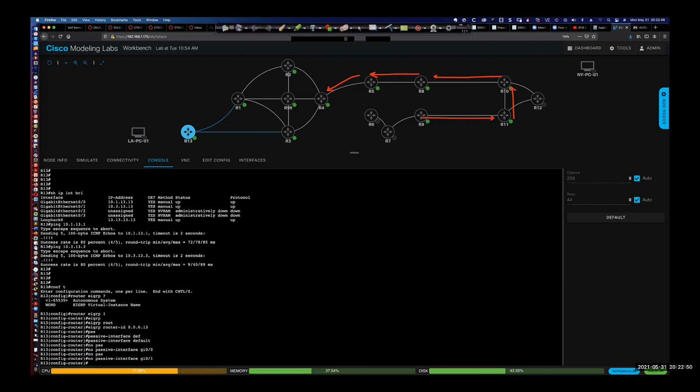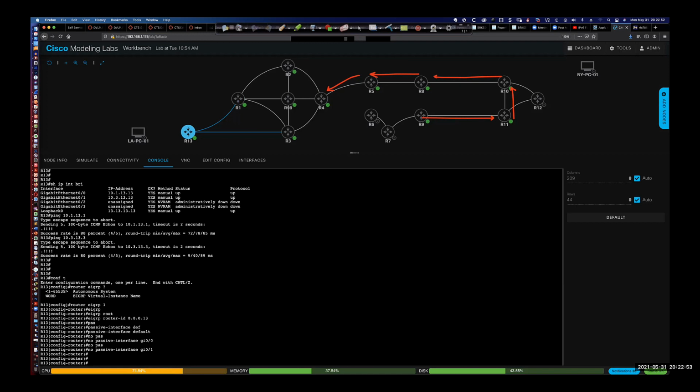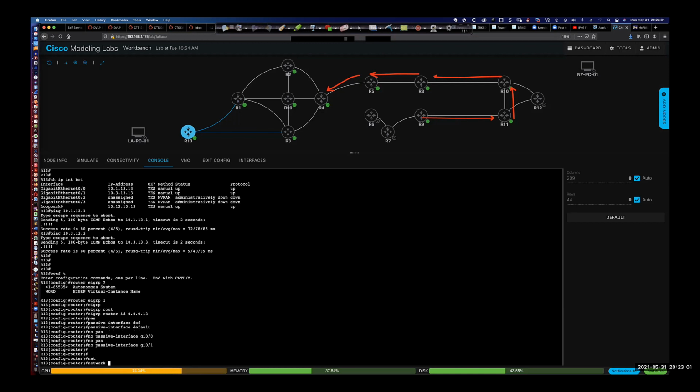So now that we've got that sorted out, we can add in the network commands. Packet Tracer is going to want to see network statements like this in the activities that you do. So I'd say 10.1.13.0 0.0.0.255. This would be considered your classic network statement, where I've got the network ID identified and the wildcard mask for that network ID, which is the inverse of whatever the subnet mask on that interface is.